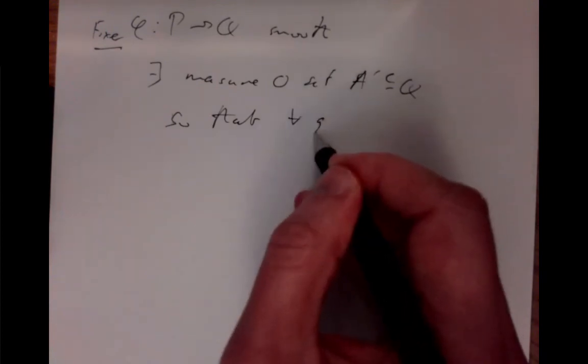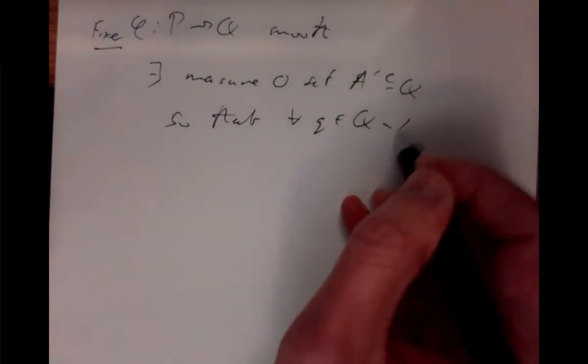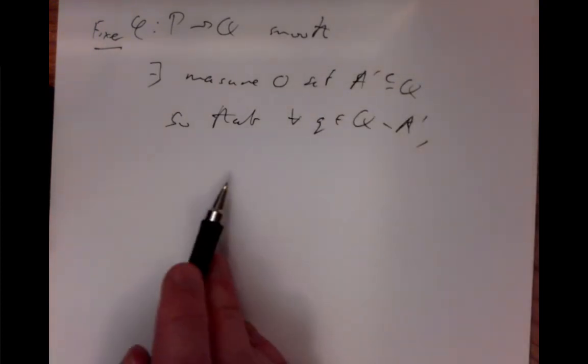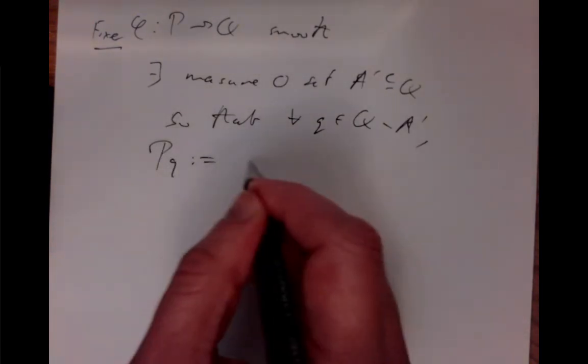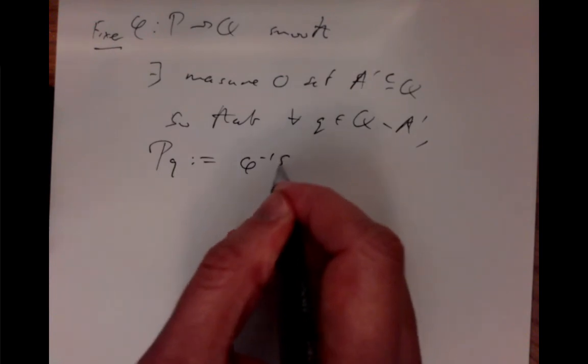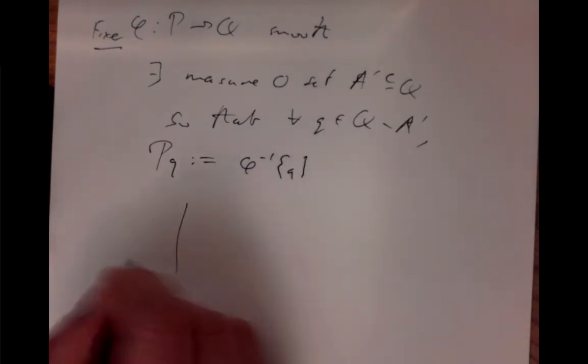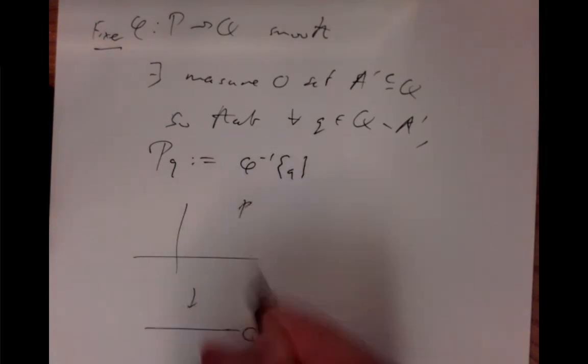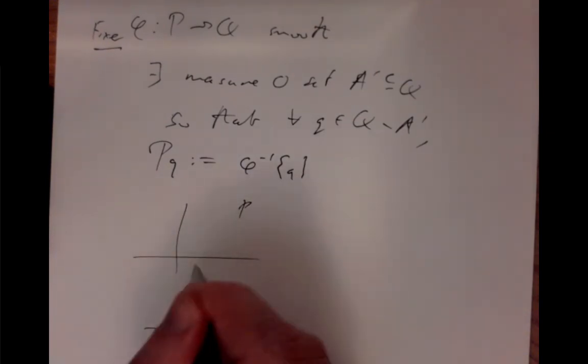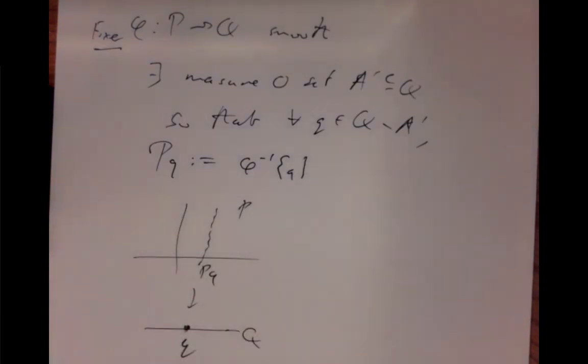for all q in Q minus A prime, away from that nasty set, the fiber, which we'll call P_q, which is phi inverse of the set of q, that's just like my notation before. So we have this Q, and we have this P, and we take a point here. We look at all the points that map to it. That's called P_q. This is q.